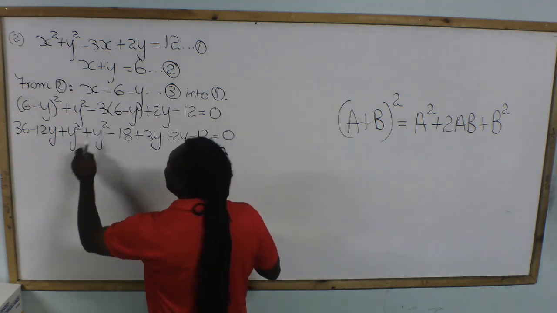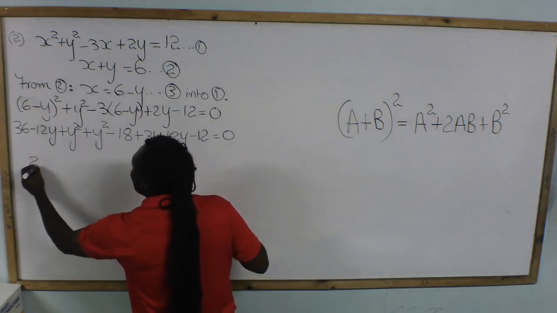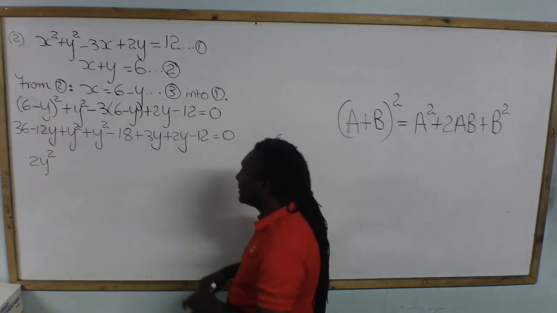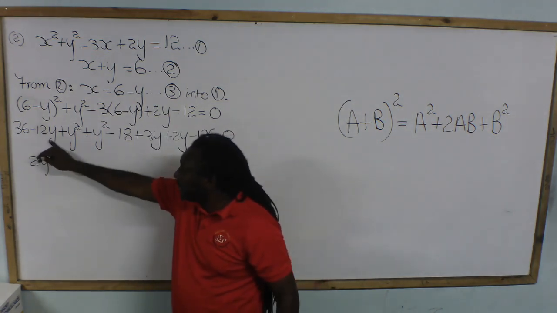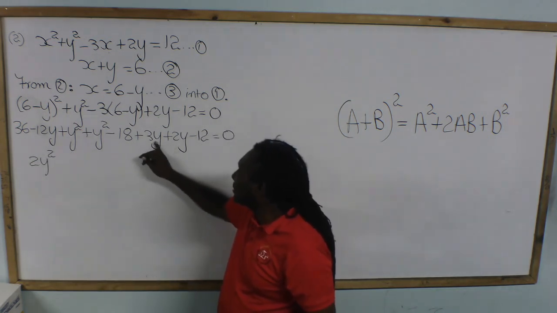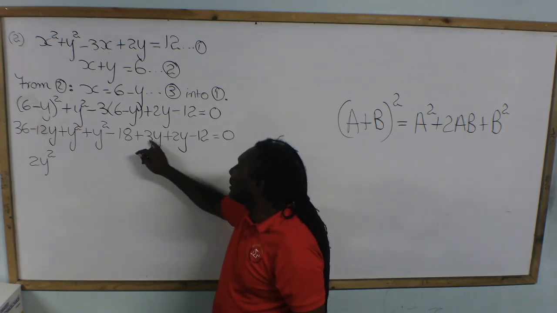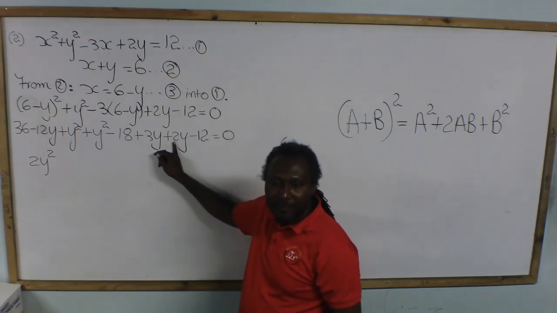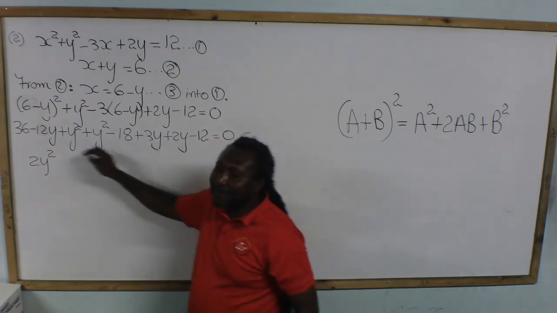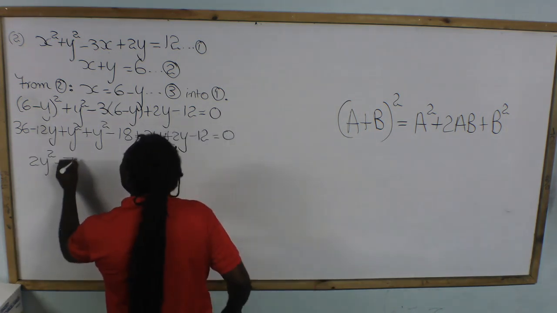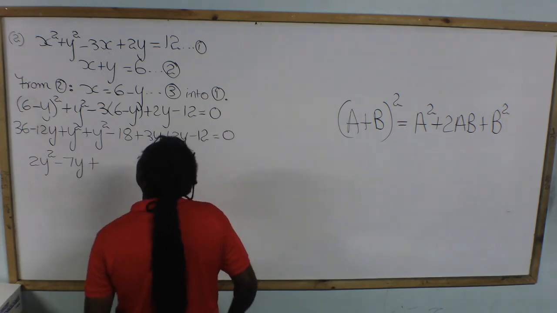So we have y squared plus y squared, that is 2y squared. Then we have all of those y's: negative 12 plus 3 plus 2. 3 plus 2 is 5, minus 12, so negative 7y.